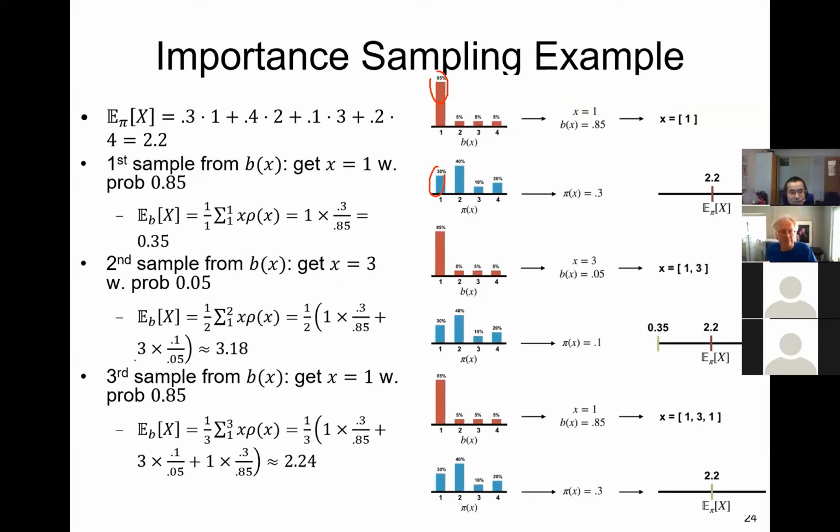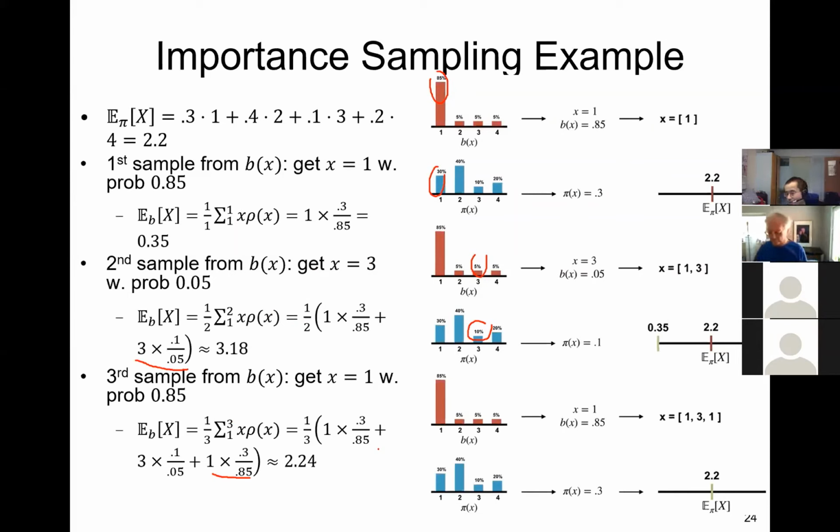Then you add one more term of 3 times 0.1 divided by 0.05. On the third draw, you get a 1 again, so you add another term here. After 3 samples, you get an estimated expectation value of 2.24, which is pretty close to the ground truth of 2.2. So that's the idea of importance sampling.